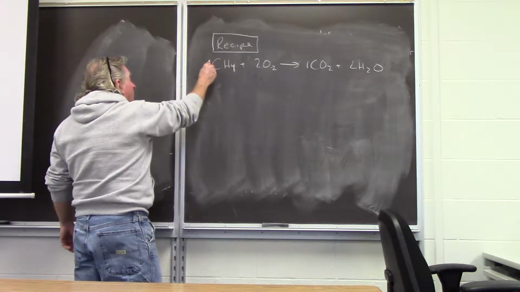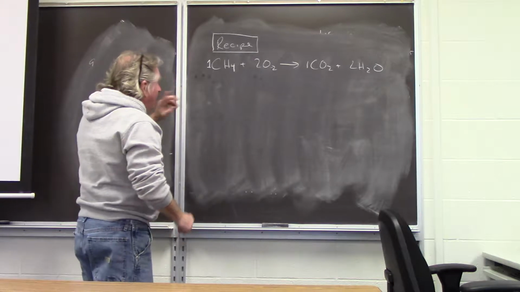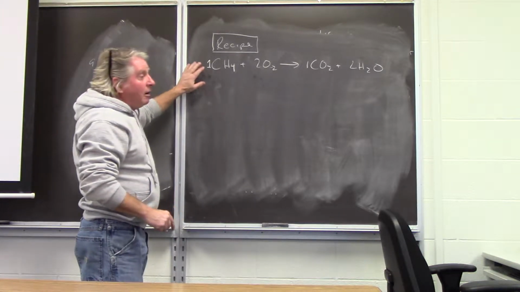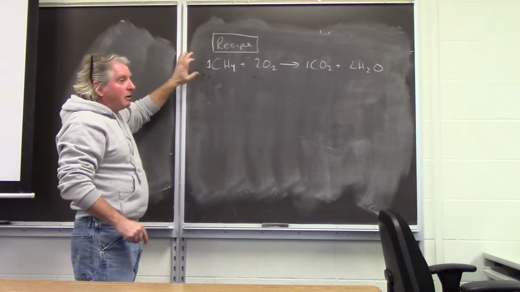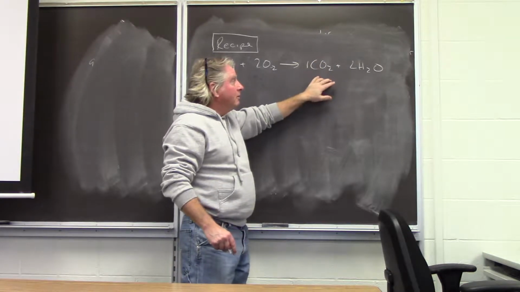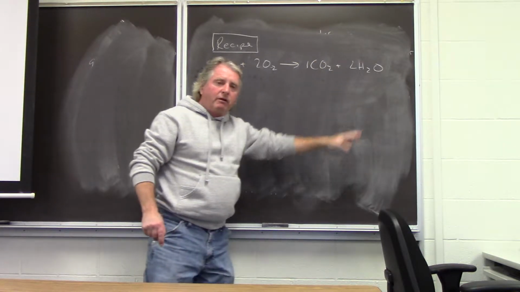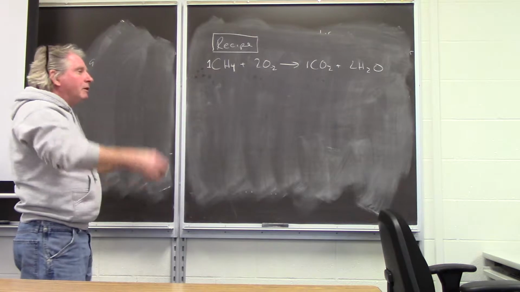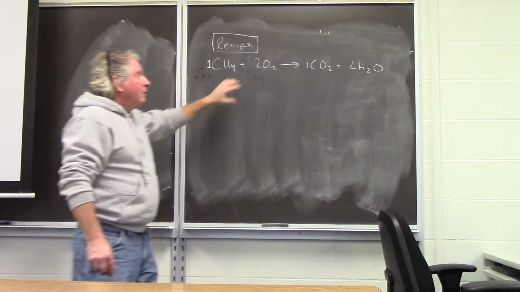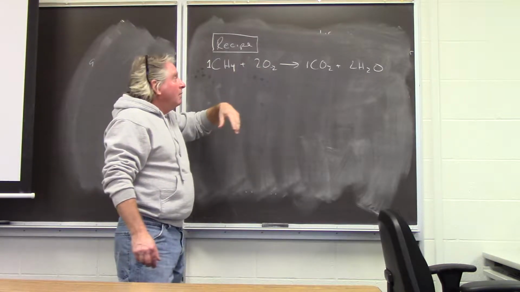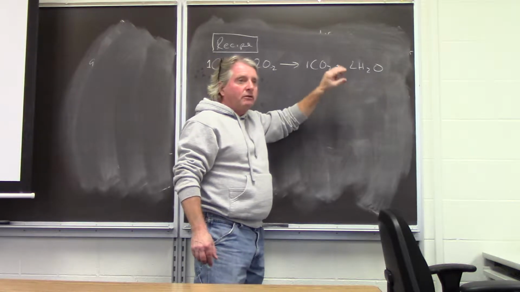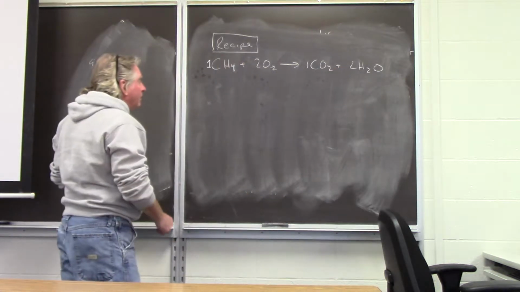Okay, so what we have here is, first of all, these numbers do not mean you're going to take one molecule of methane, add it to two molecules of oxygen, and get one molecule of carbon dioxide and two molecules of water. What it really means is you're going to take a huge quantity, a mole, and add it to two quantities, moles, of oxygen, getting one mole of carbon dioxide and two moles of water.